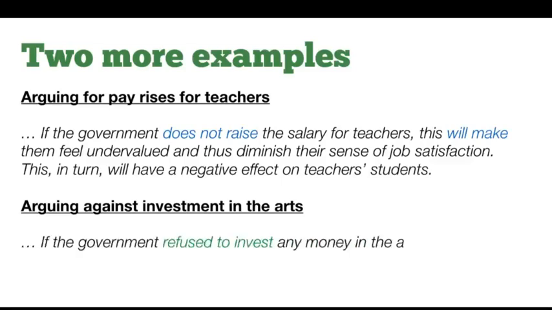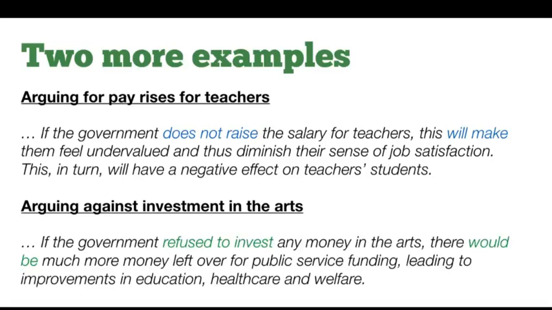If the government refused to invest any money in the arts, there would be much more money left over for public service funding, leading to improvements in education, healthcare, and welfare. So we're using the second conditional because we think it's unlikely that the government will not invest any money. So if they refuse to invest any money, that's quite unlikely. So we're using the second conditional here.